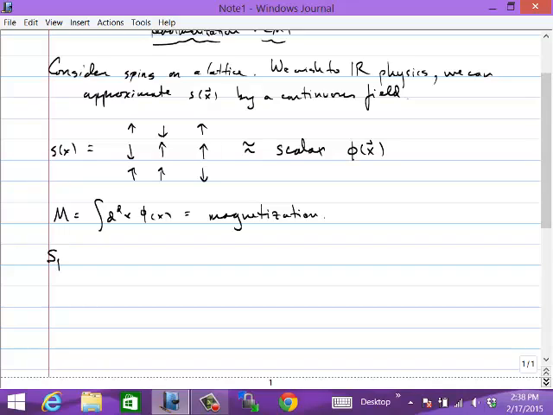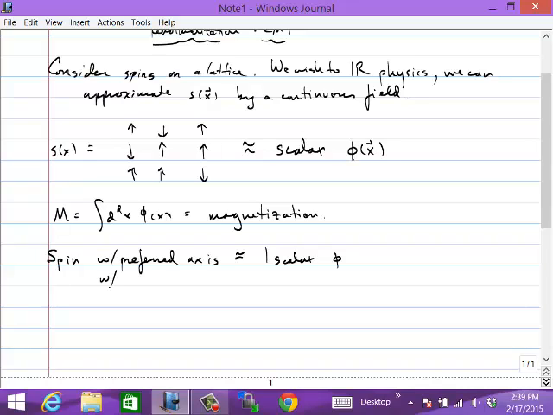So this would be a good example if you have a spin with some sort of preferred axis. So a spin that can be either pointing in the plus z direction or the minus z direction. So you would describe that in the long wavelength limit by one scalar field. Or this would be essentially a spin that's constrained to point in one dimension.